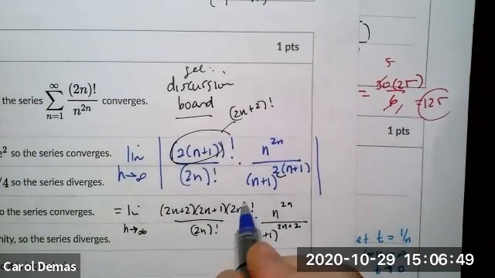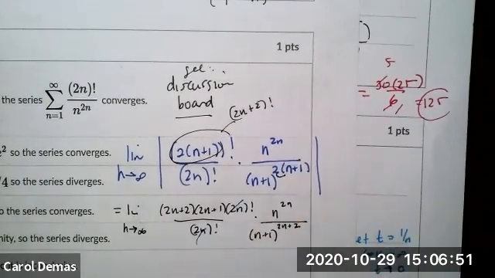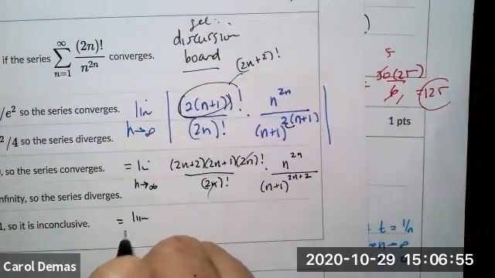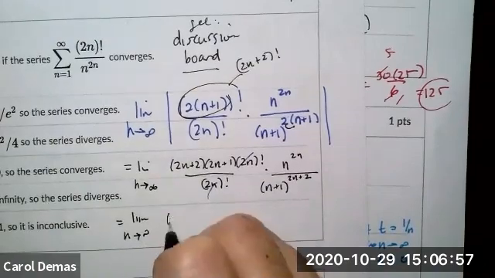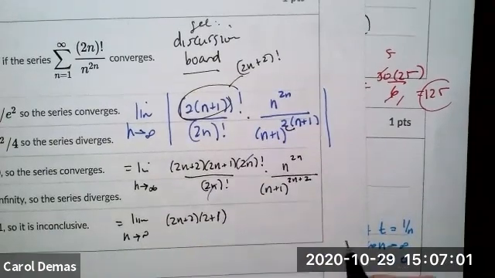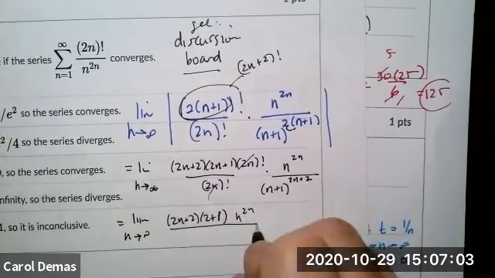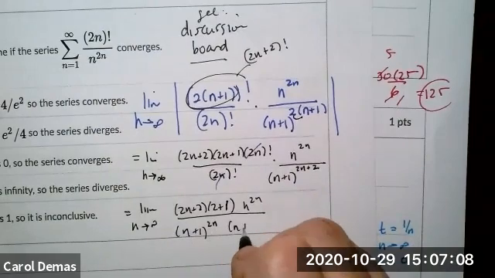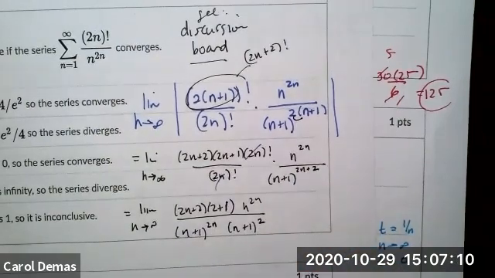Now these two will cancel, and then we can work on this guy. So that's the limit as n goes to infinity of (2n+2)(2n+1) n^(2n), and downstairs we'll have (n+1)^(2n) times (n+1)^2.